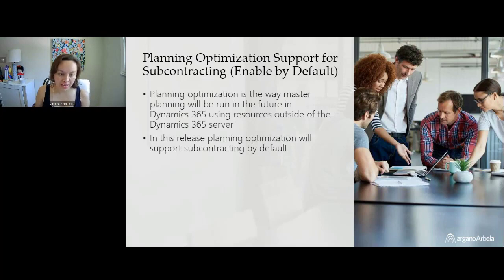On the supply chain side, the first new feature that I would like to talk about is planning optimization. If anybody doesn't know, planning optimization is the new way that we're going to run master planning in D365.